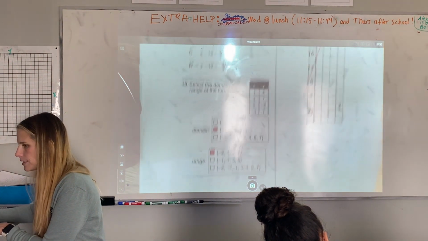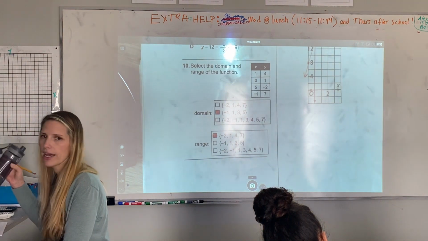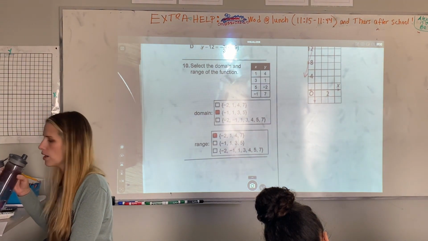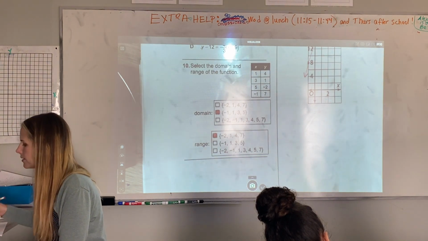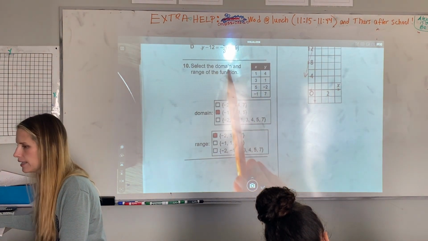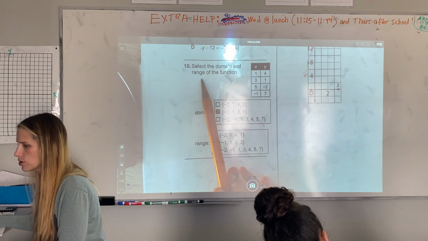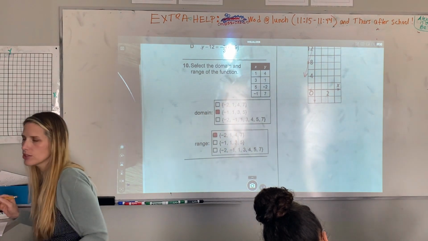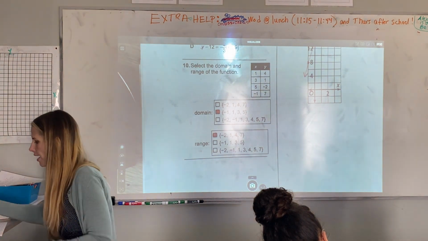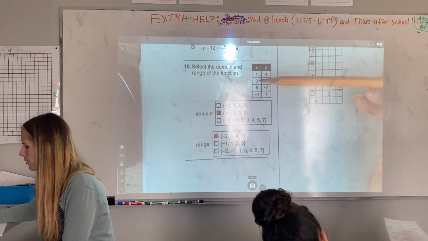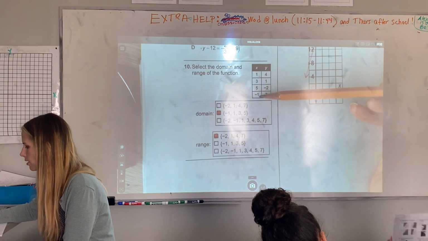Okay, so for number 10, I can't have any talking or noise at all. For number 10, it says select the domain and the range of the function. What is domain? Our x values. So our x values are listed in the table: 1, 3, 5, and -1.